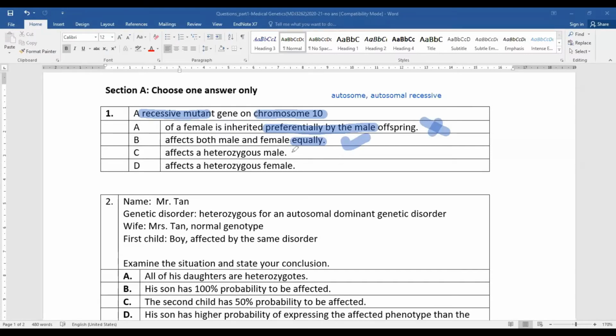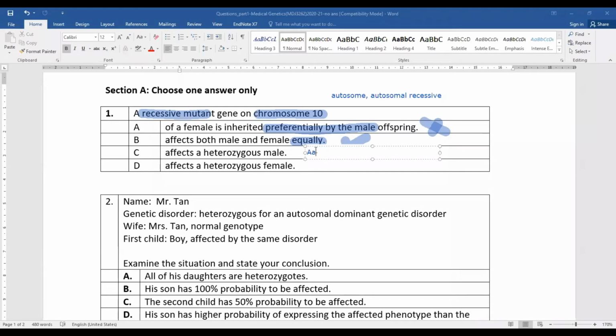Affects a heterozygous male. What is a heterozygous male? If it's autosomal recessive, a heterozygous male, what is the genotype? It would be capital A, small a, assuming capital A is the normal allele and small a is the mutant allele. So is this affected? Yes or no?